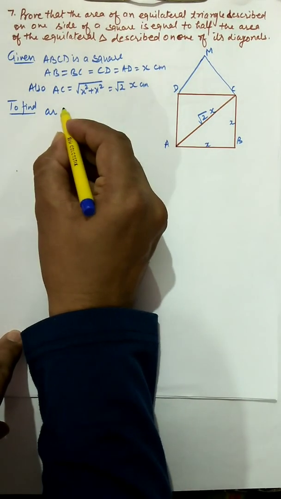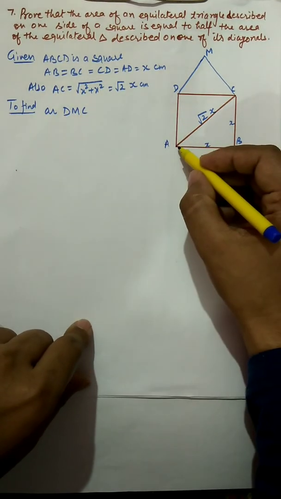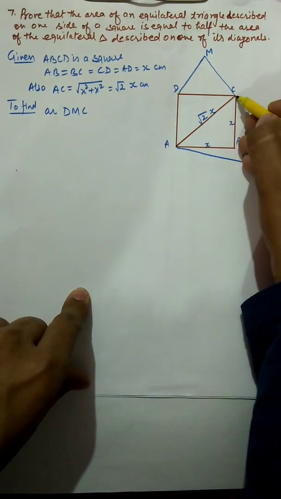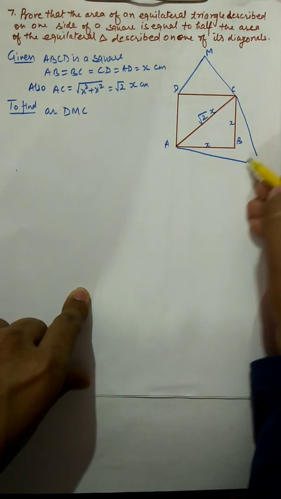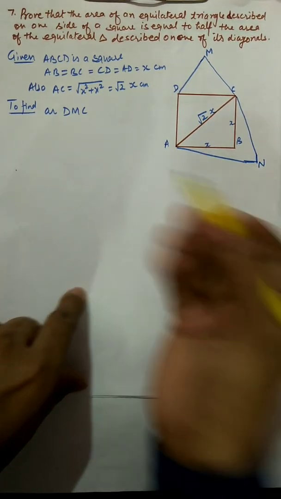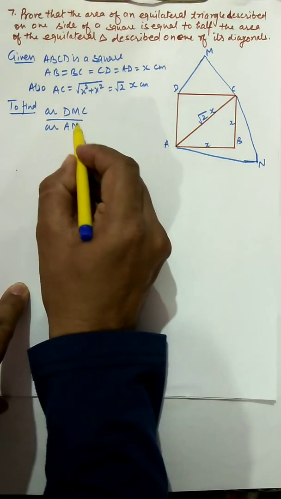So area of DMC is, and another equilateral triangle we are describing on the diagonal. Let's say this is the equilateral triangle described on the diagonal, this is N. So area of this is, let's say, ANC.